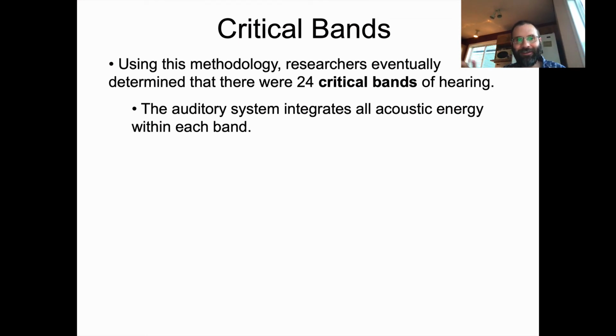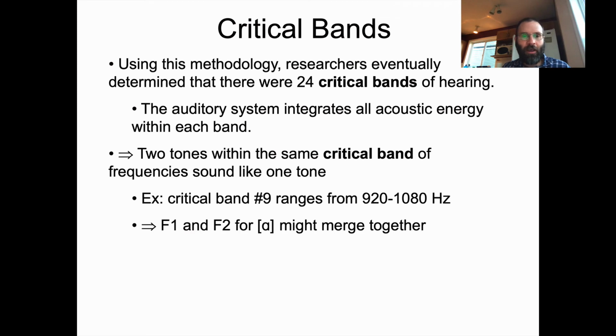It integrates it, like if you ever took calculus, it sort of takes the integral and just presents one sound to your brain. So anything that goes beyond that critical band will basically go into two different streams in your brain, but once you get all the noise within that, you're hearing only one output of the system.